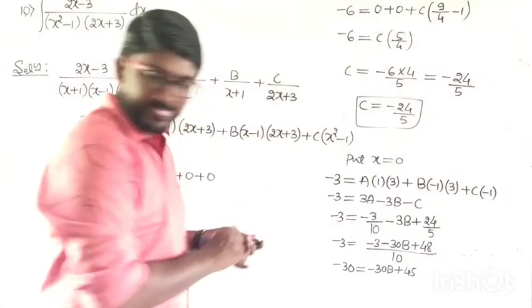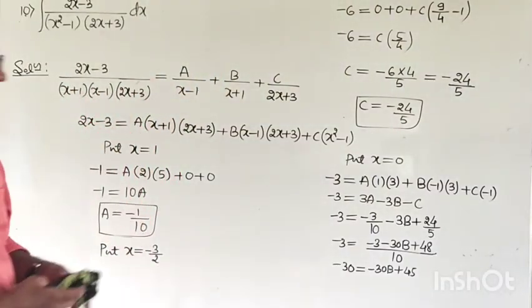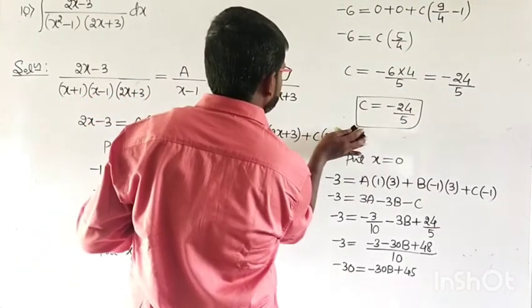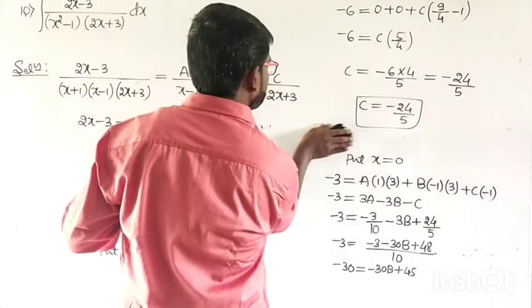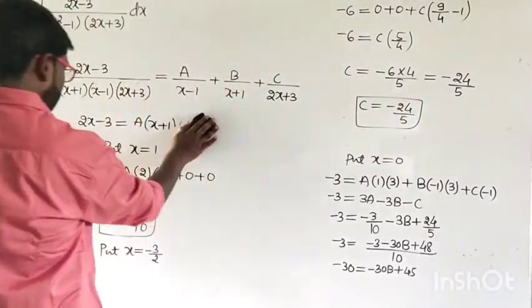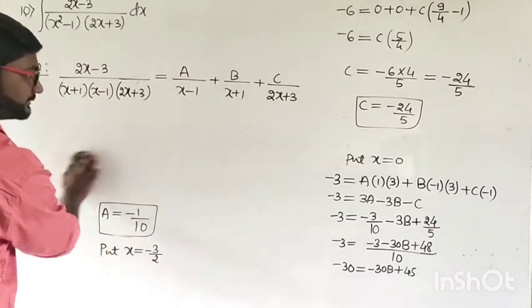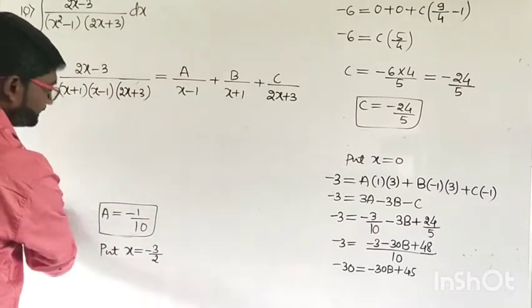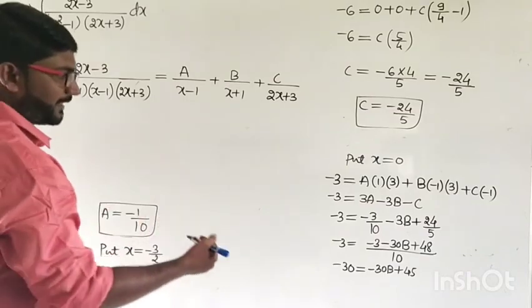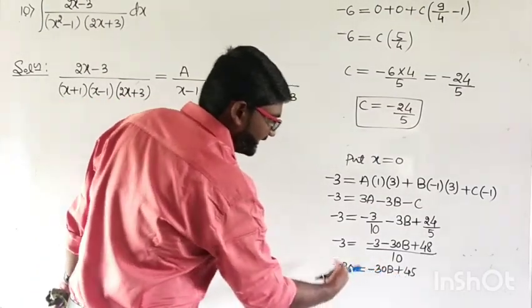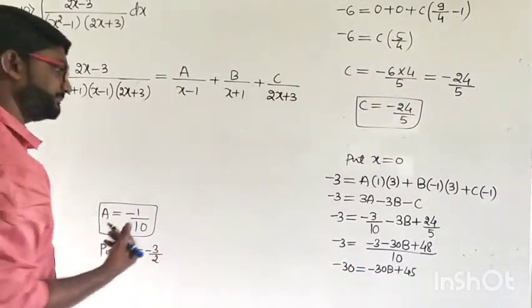Then in the next step I take 45 to the LHS, it becomes minus 45.